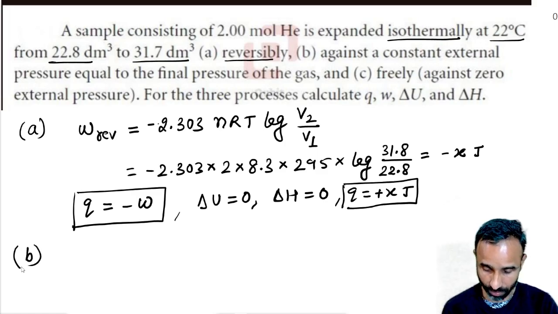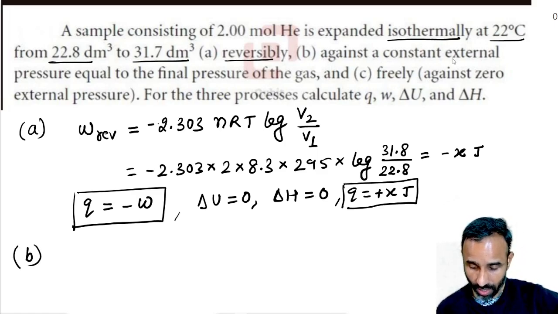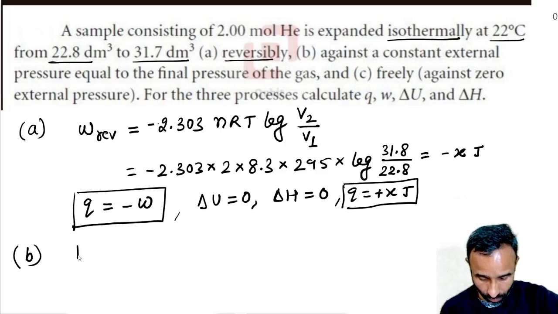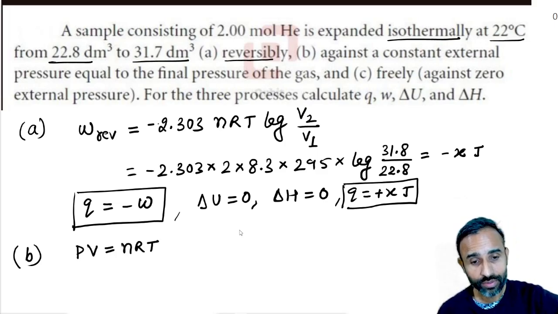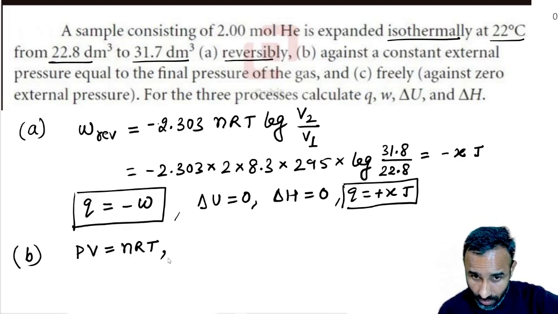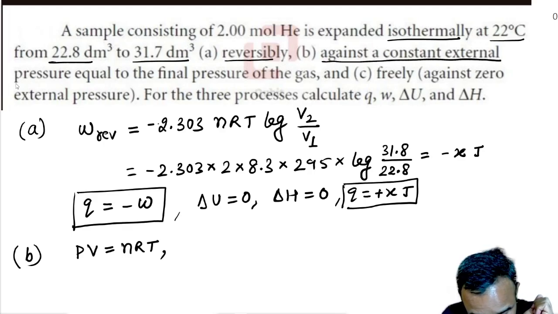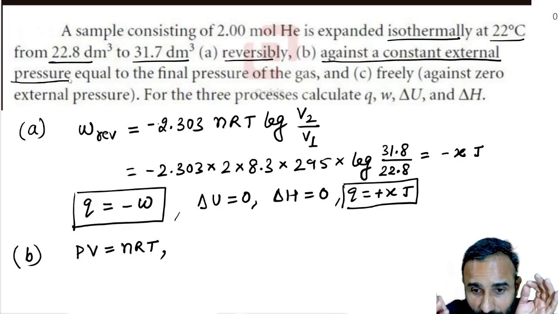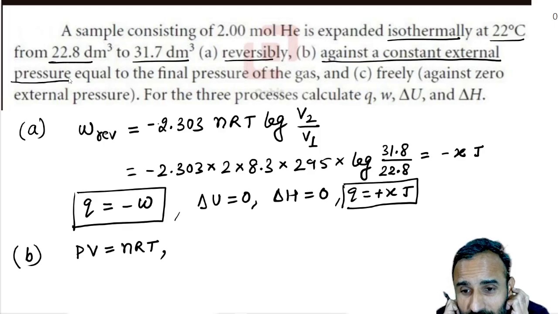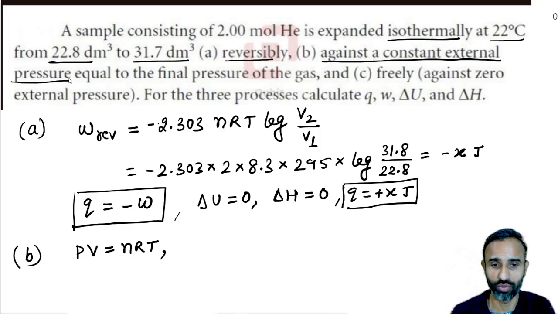Now come to the second part. It is against a constant external pressure, and that pressure is equal to the final pressure of the gas. So we will apply the formula PV equal to nRT. It is an irreversible expansion, because it is against constant external pressure. As I have mentioned, whenever we have constant external pressure, it is irreversible work done.